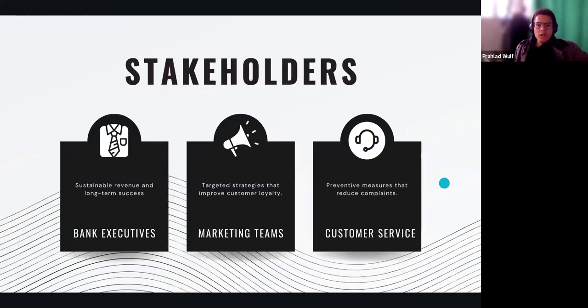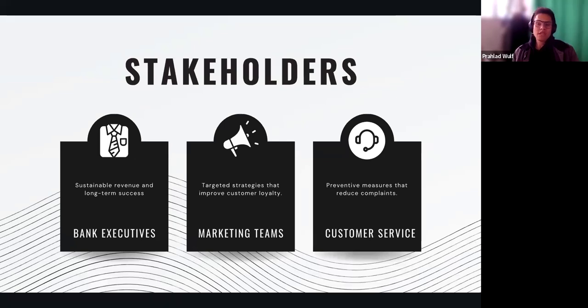So looking at the stakeholders who might be interested in having this model around: bank executives would seek solutions that not only reduce customer churn, but lead to sustainable and renewable long-term success. Marketing teams would aim to attract and retain customers by implementing the strategies that would be created.